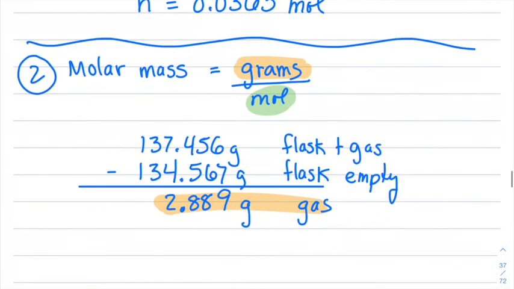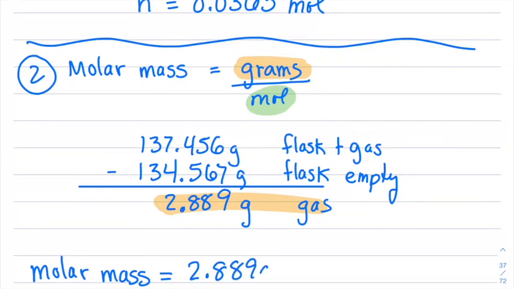So now we know our moles and we're ready to find our molar mass. So grams on the top, 2.889 grams divided by our moles on the bottom, 0.0363 moles.